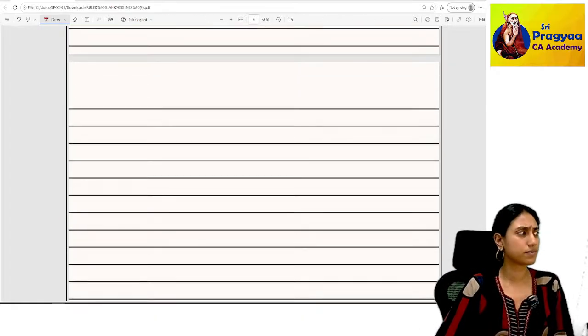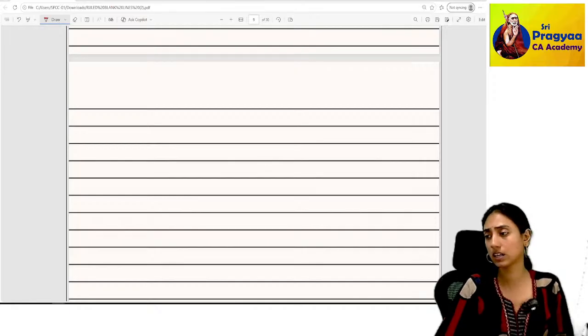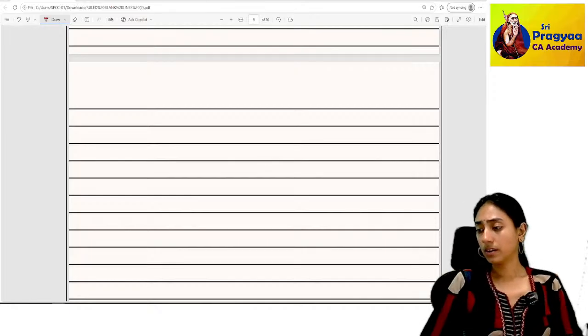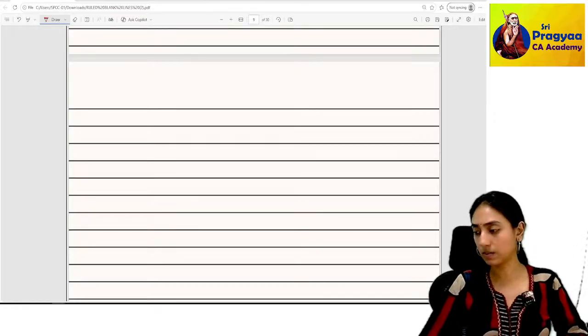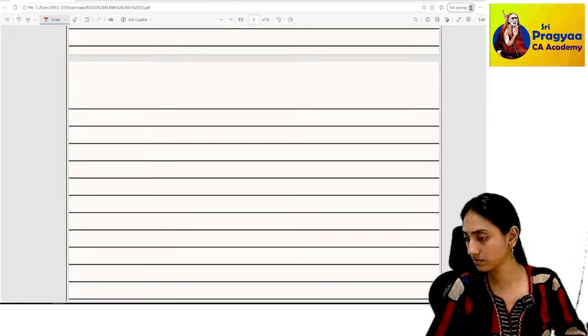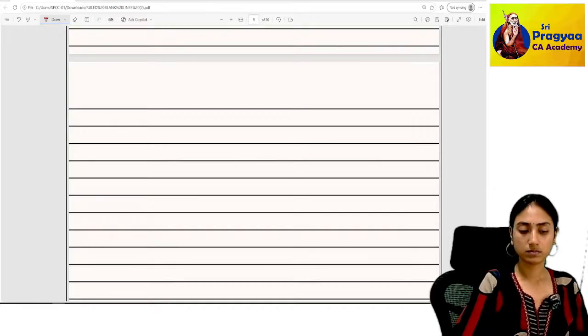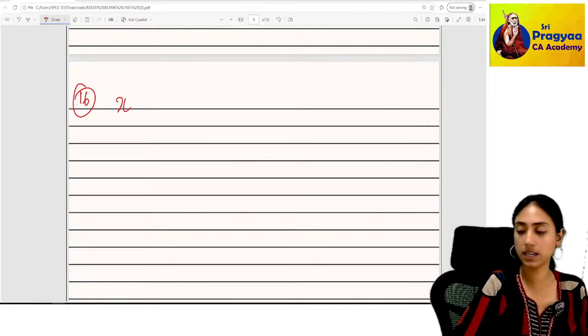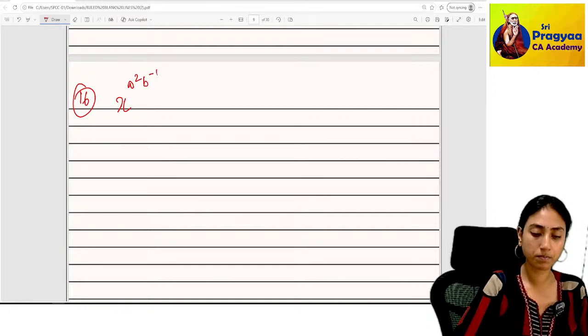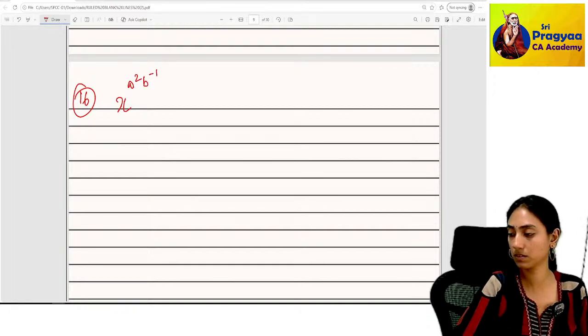Clear on 5? 5 is okay? Are you guys on the same page on what I am working? Ella questions irka? Sixteen reads as x power b power minus 1.